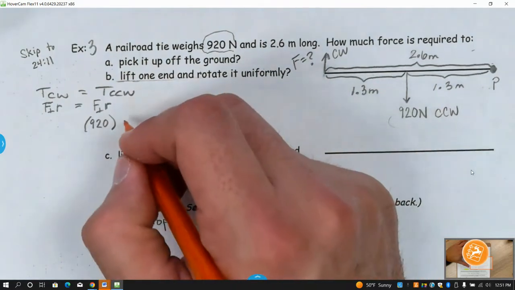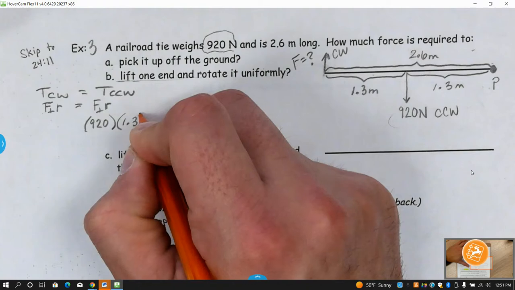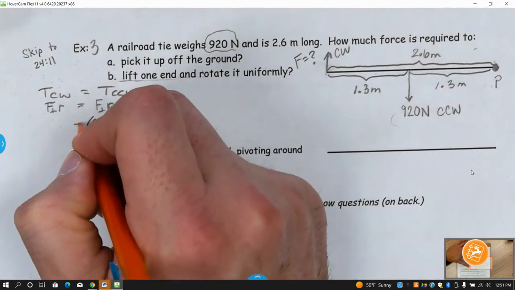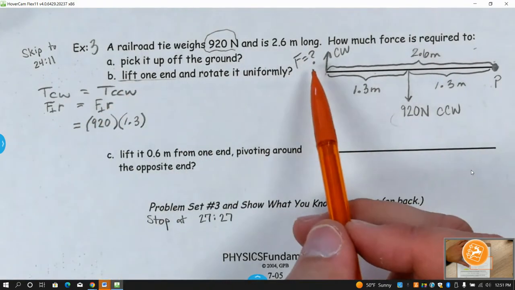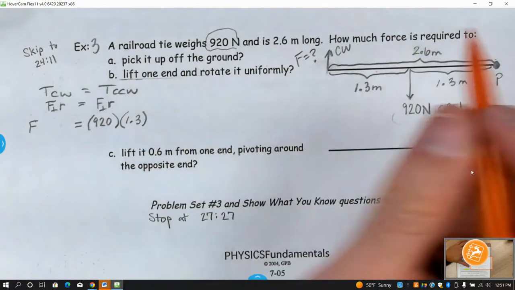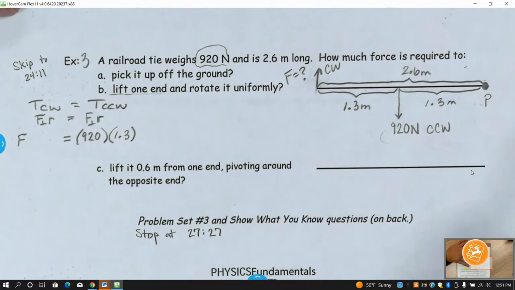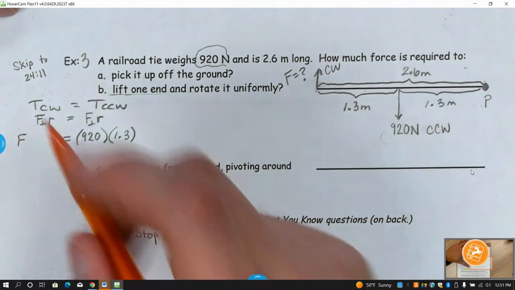Very good. Now, we don't know what this F is, so we're going to leave it as F. And do we know how far F is from the pivot point? 2.6 meters. Very good, 2.6, because it's all the way at the other end.